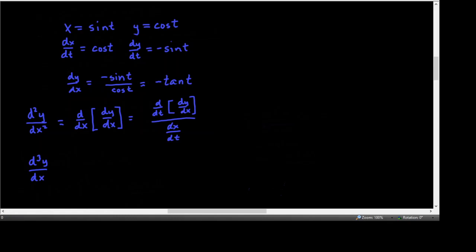And that's going to be kind of a way that we proceed for all higher order derivatives. If we want the third derivative, we'll take the derivative with respect to x of our second derivative answer, which was with respect to x twice. And just like we did in Calculus 1, we're going to take the derivative of our second derivative. But since it's in terms of t, we have to take the derivative with respect to t.